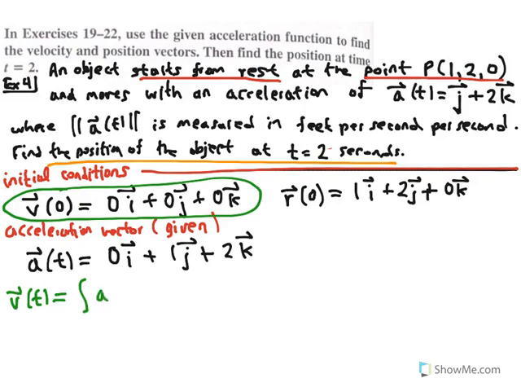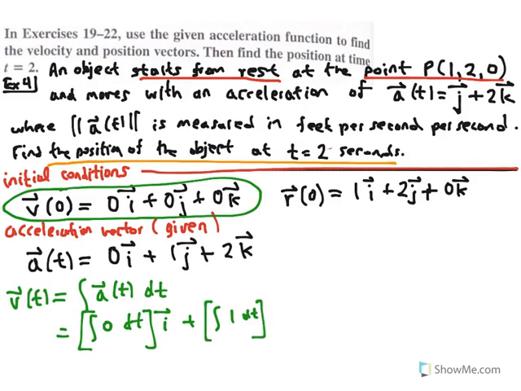So the velocity is the indefinite integral of the acceleration function. So we will have the indefinite integral of 0 with respect to t multiplied by the standard unit vector i, the indefinite integral of 1 with respect to t multiplied by the standard unit vector j, plus the indefinite integral of 2 with respect to t multiplied by the standard unit vector k.